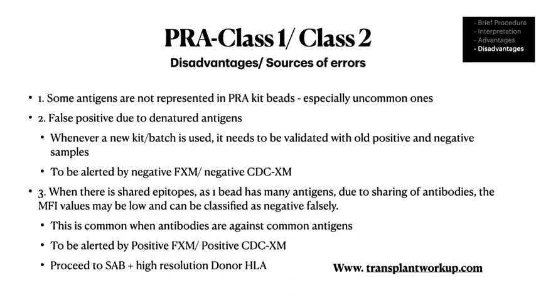With experience you can figure that out in SAB, but in a PRA, because there is no readout of which antigens are used, you won't be able to figure it out. But if it is positive, then anyway you have to do an SAB. So I'll show you in this particular transplant.